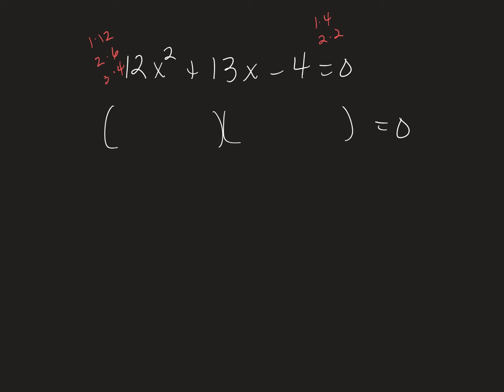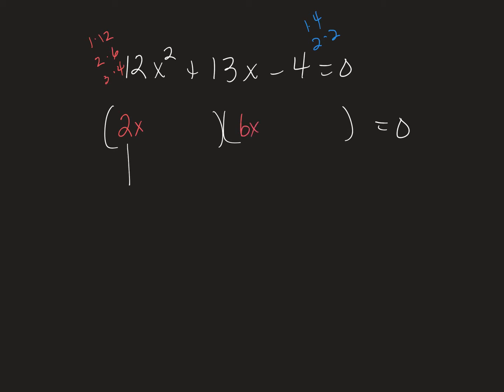And let's say I try 2 and 6, right? So the first thing I'm going to do is in the front, actually let me color code this so we know what's going on. Okay, so the front's going to be red. So I'm going to say this is 2x, 6x, right?